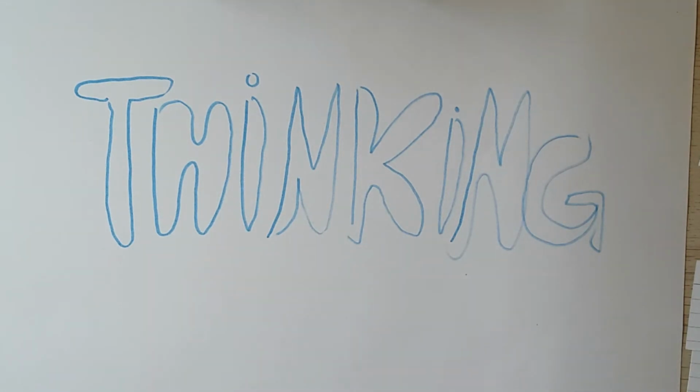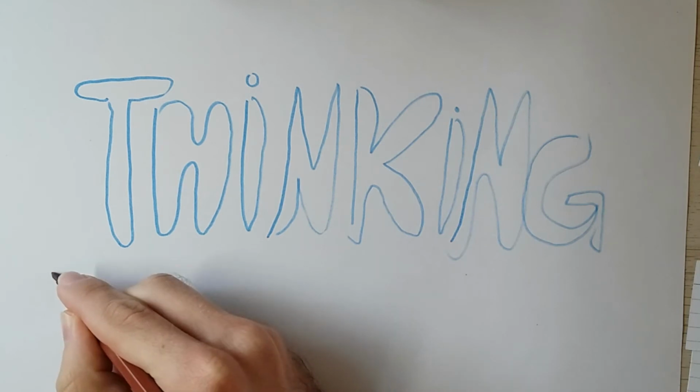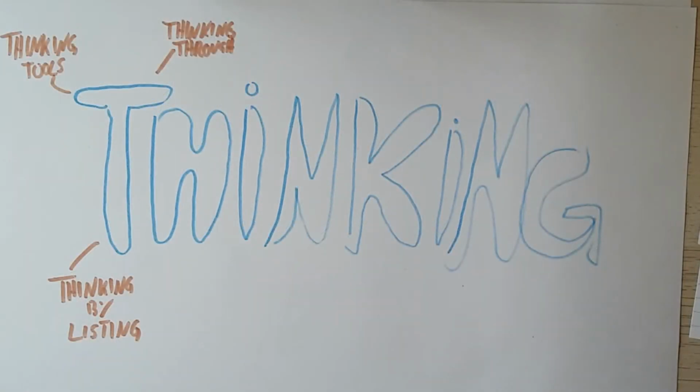Let's see. Okay, we have thinking by listing. That means using lists as thinking tools. And gratefully we have a T, so that's easy. We have again another T, active thinking, but I don't want to put everything on T. We have fascination and focus. Ooh, that's not so easy actually. Fascination is interest.